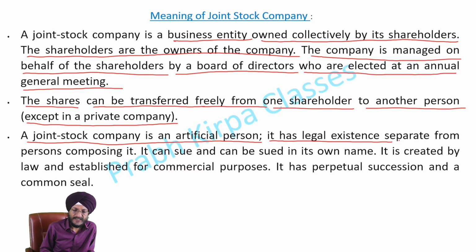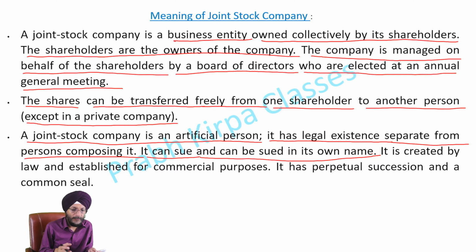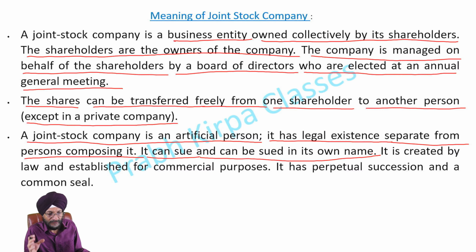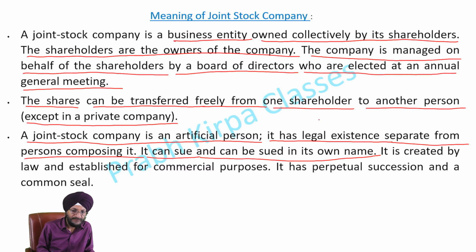It has legal existence separate from persons composing it. It can sue and be sued in its own name. Sue means someone can file a case against the joint stock company and the joint stock company can also file a case against other companies or persons.